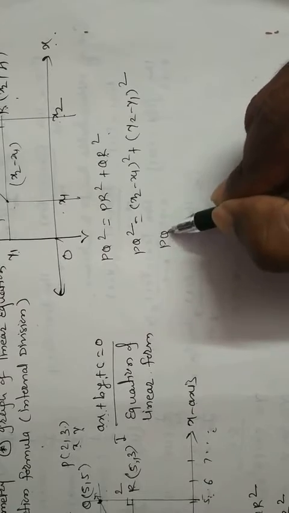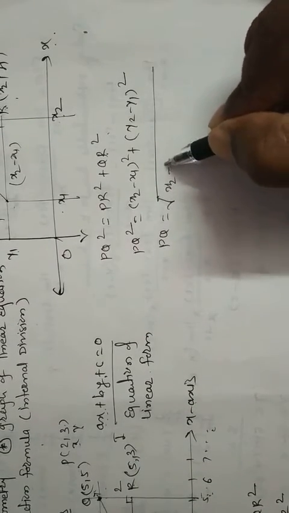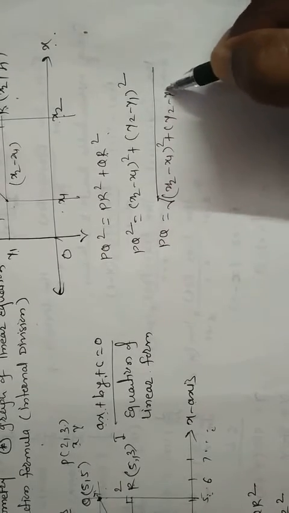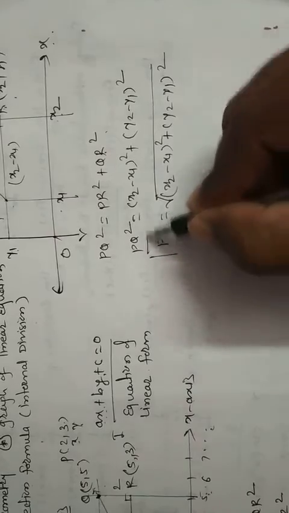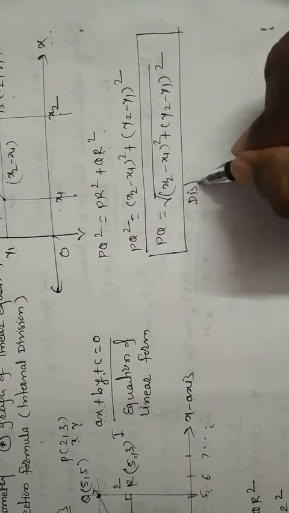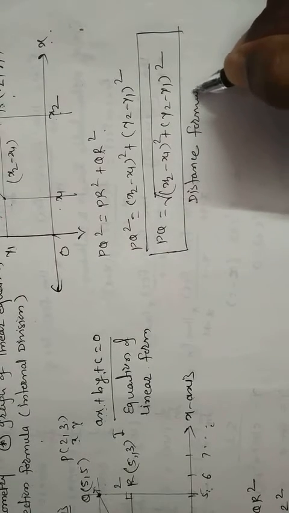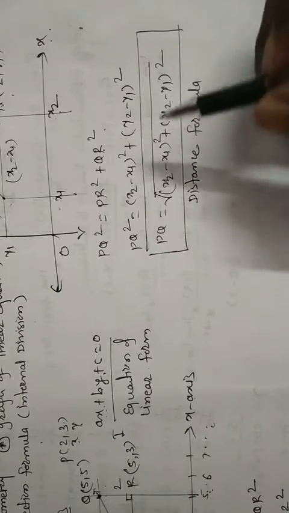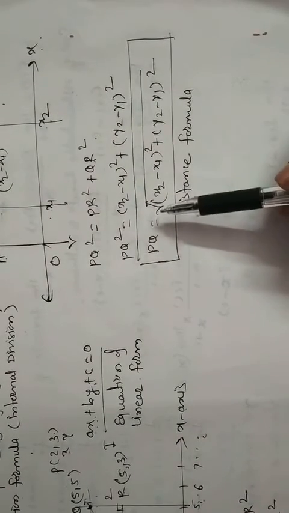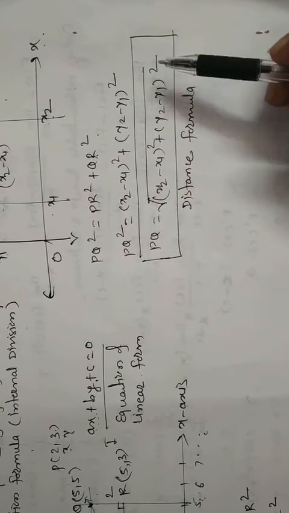Then PQ is equal to the under root of x2 minus x1 square plus y2 minus y1 square. So this is called the distance formula. You can use this formula for finding the distance between any 2 points. The distance formula is the under root of x2 minus x1 square plus y2 minus y1 square.